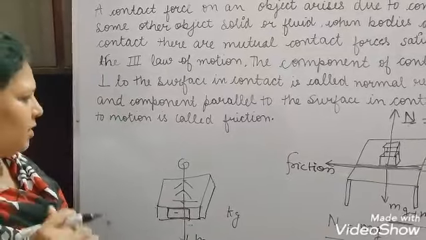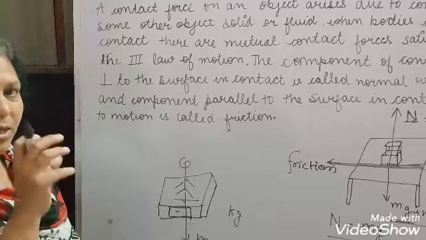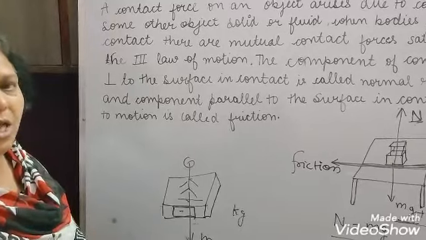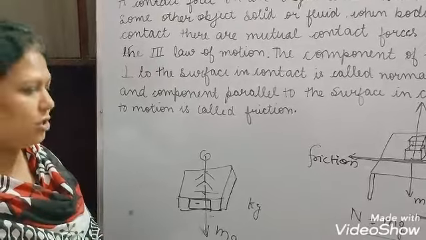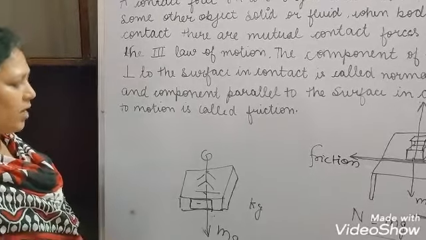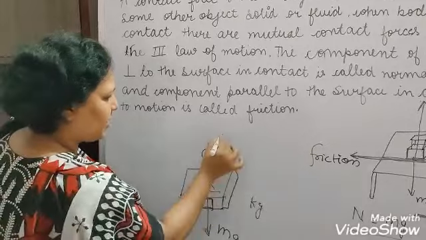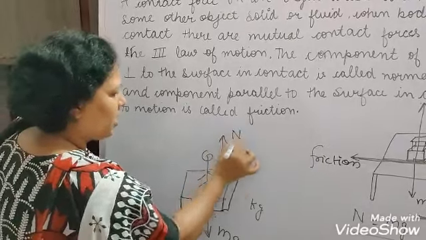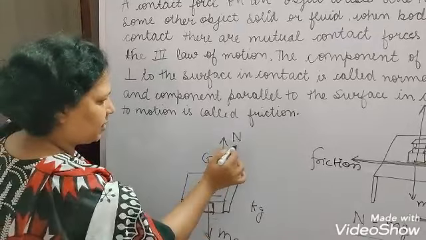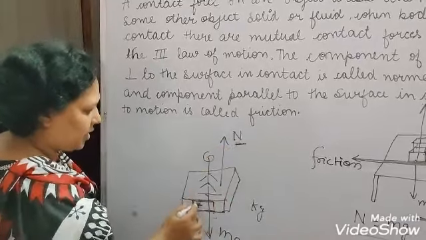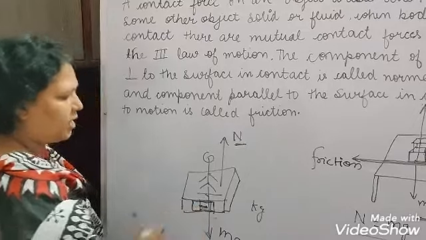That means the forces working between the man and the weighing machine are balanced forces, and that's why the person is at rest. The normal reaction is working over here, and whatever the normal reaction is, that reading will display on the weighing machine.